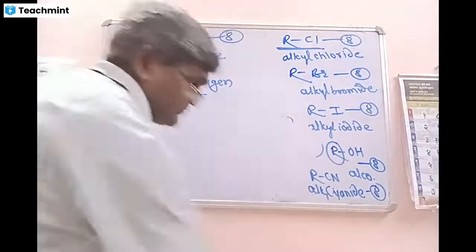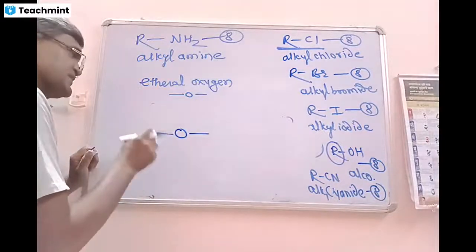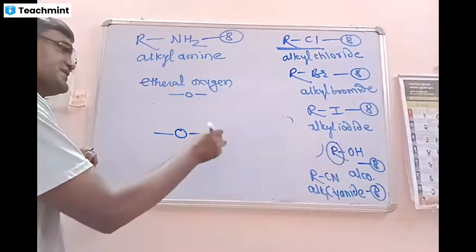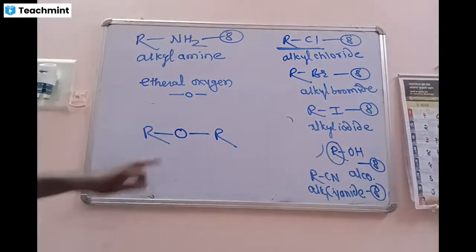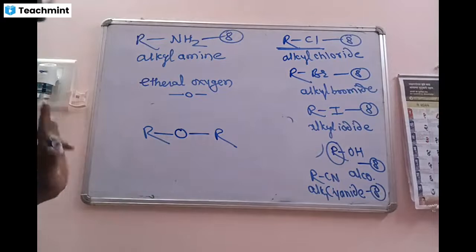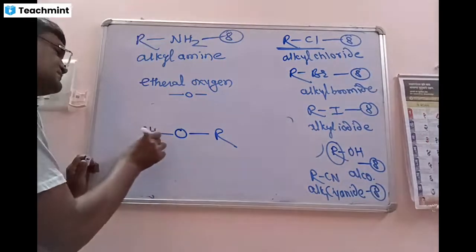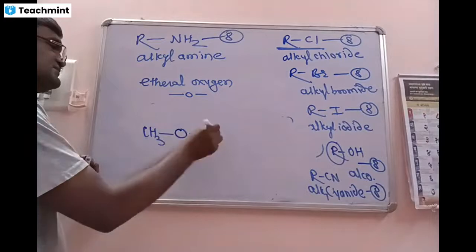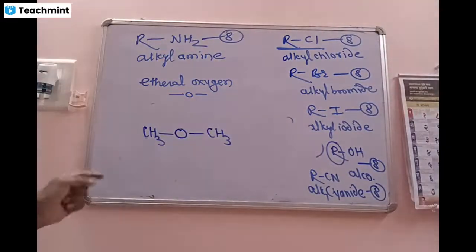ईथर कब बोलेंगे हम? जब इस तरह का ऑक्सीजन हो, इसके इधर से और इधर से लगना चाहिए. These are the 2 alkyl groups which may be same or different. Now in that case the compound will be like this. Yes, CH3, OCH3.